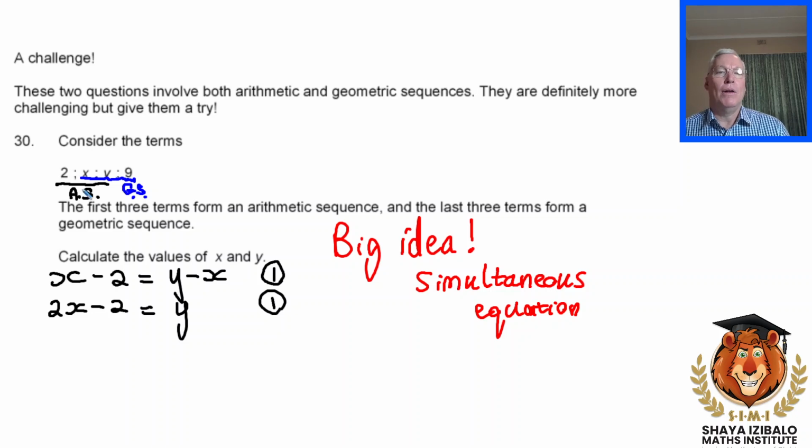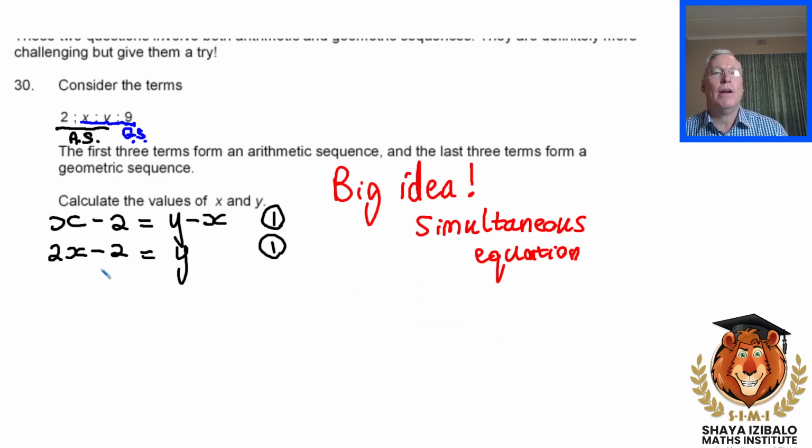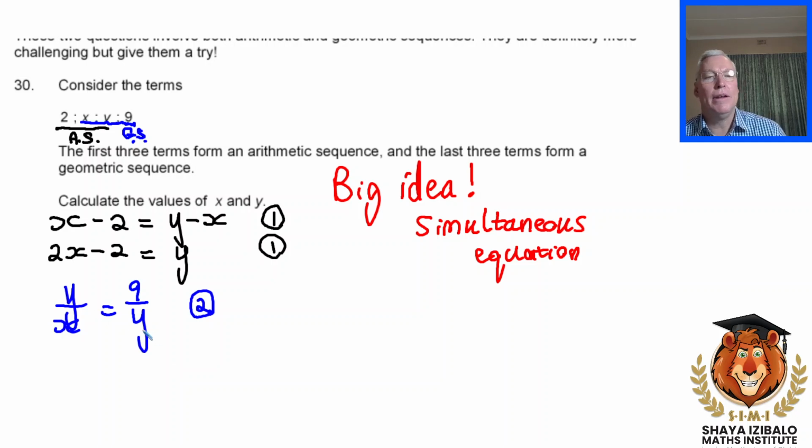Okay, now let's make another equation. Let's make an equation with the blue information. We know that this ratio y divided by x must be the same as this ratio 9 divided by y. Here is a second equation. Right, now this one, remember, when we've got two fractions equal, the top of the one times the bottom of the other is the bottom of the one times the top of the other.